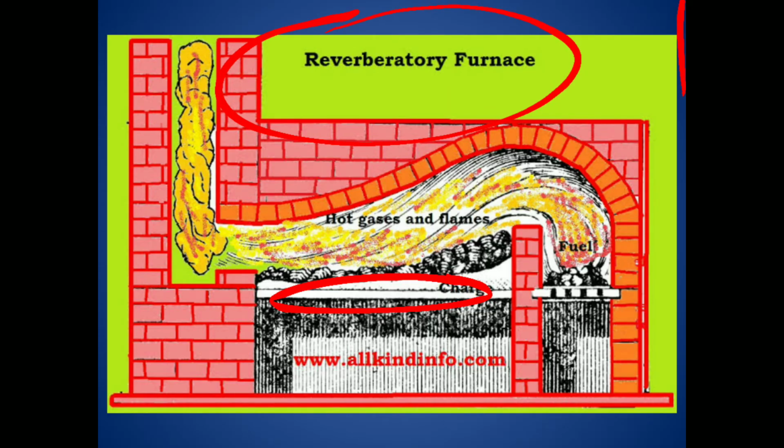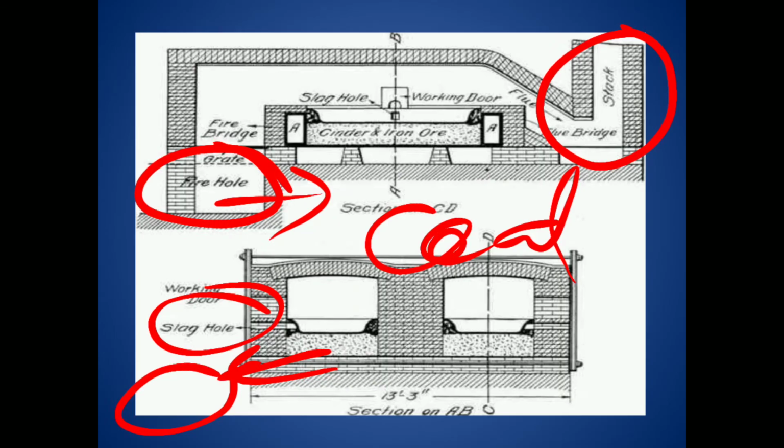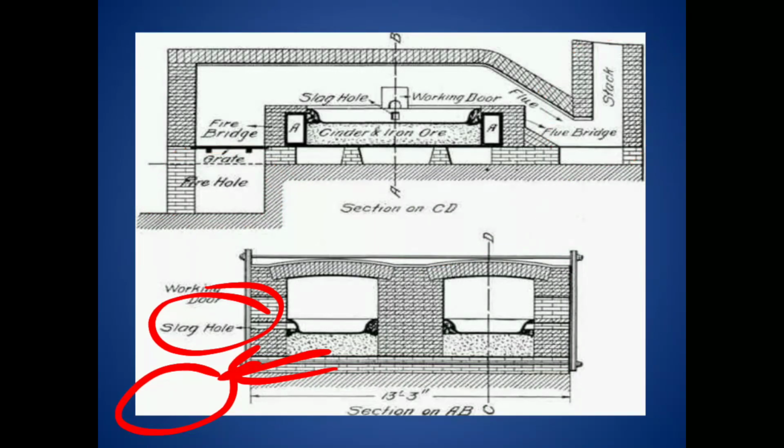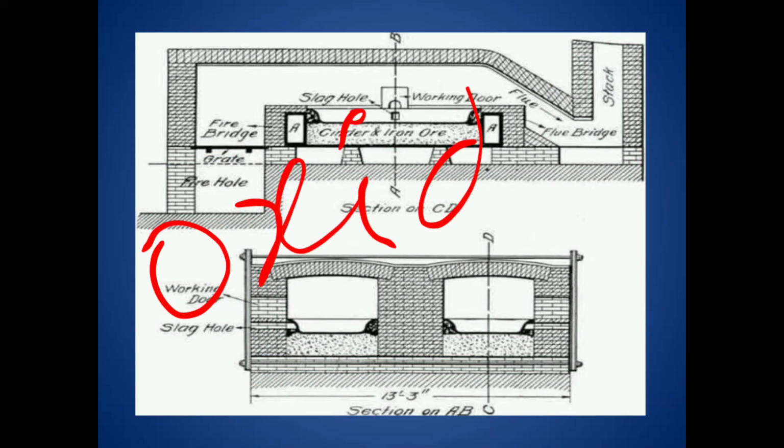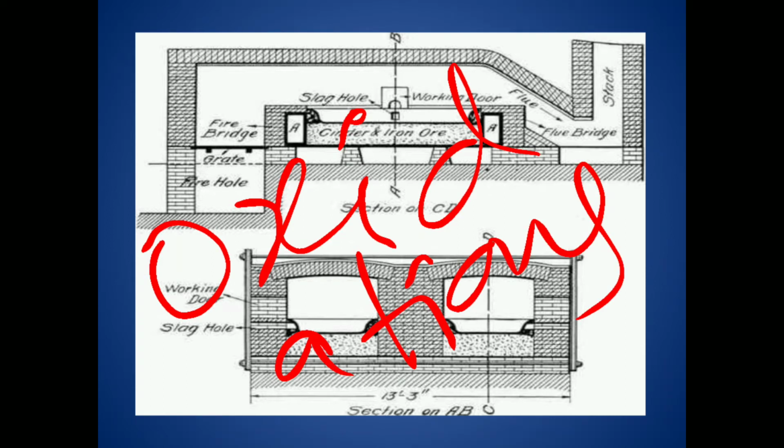So what is the operation? The wrought iron is manufactured from pig iron by removing impurities by oxidation. Here the chemical reactions that take place we call oxidations. The furnace is already lined with iron oxide.